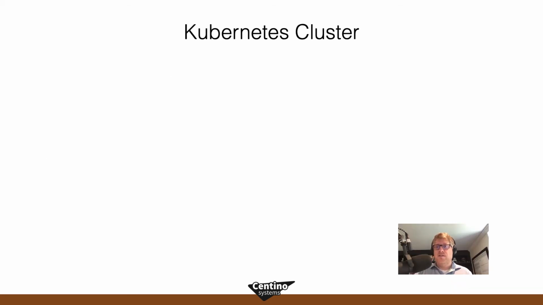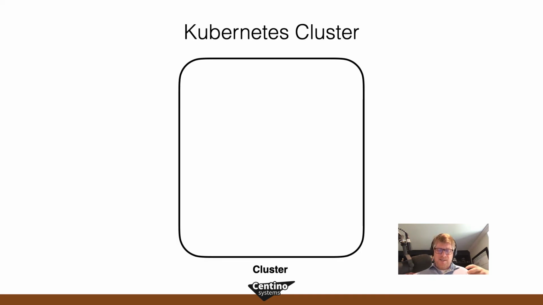Now, let's look a little more closely at a Kubernetes cluster itself. A cluster really is a way for me to aggregate compute resources, or resources in my data center, to be able to deploy applications into. And Kubernetes gives us the ability to write code to describe our systems. We feed that code into our cluster, and it's the job of Kubernetes to effect that desired state and get us into the state that we describe in our application code.